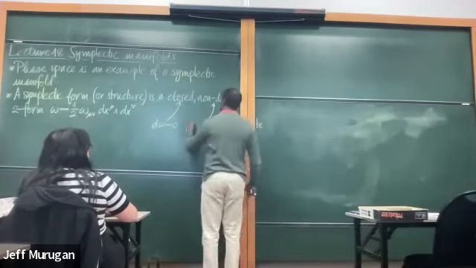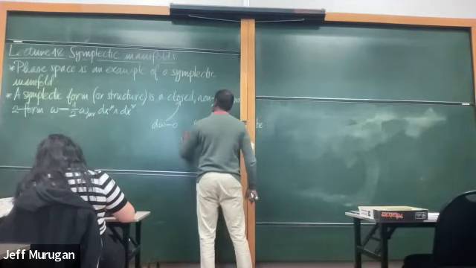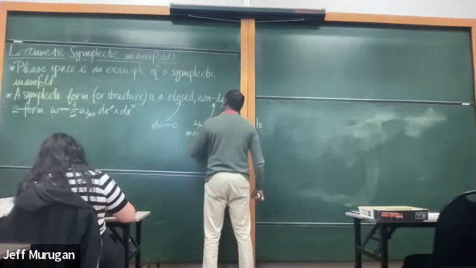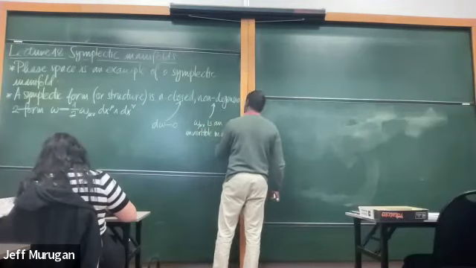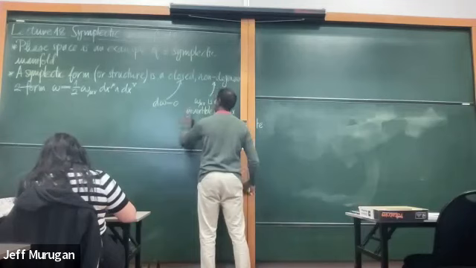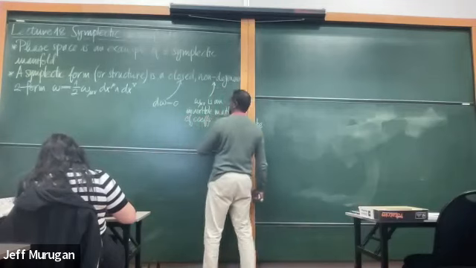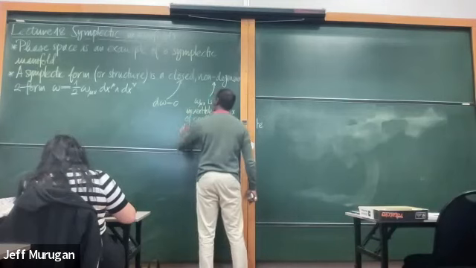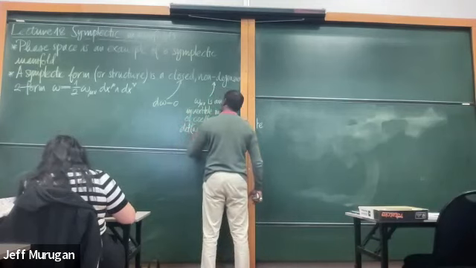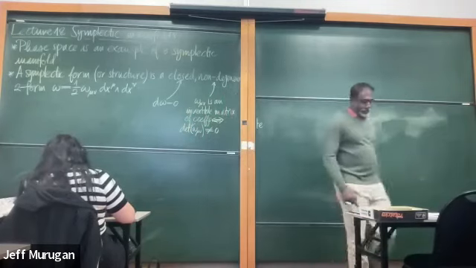So this means that omega mu nu is an invertible matrix of coefficients, which is equivalent to a statement that the determinant of the matrix is not 0.